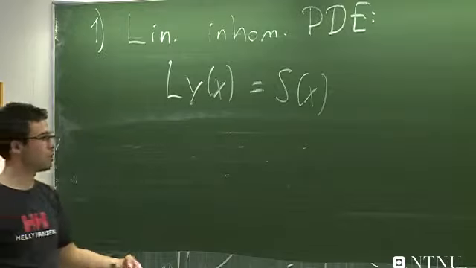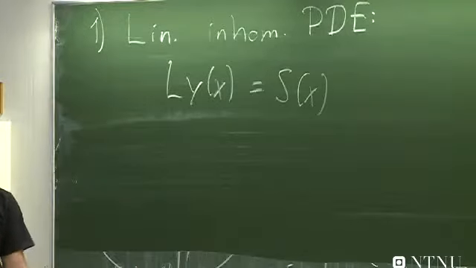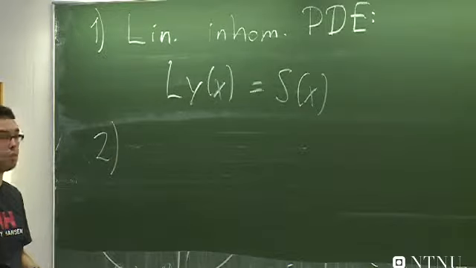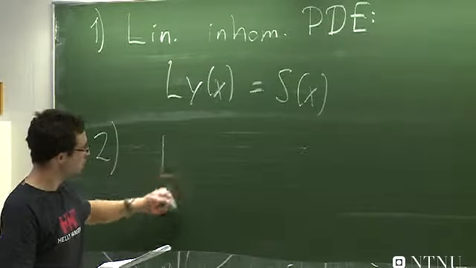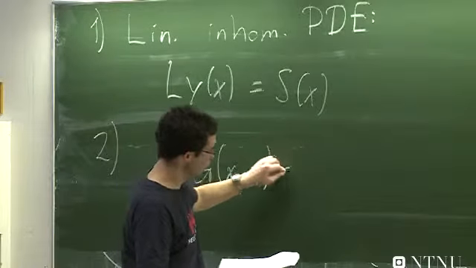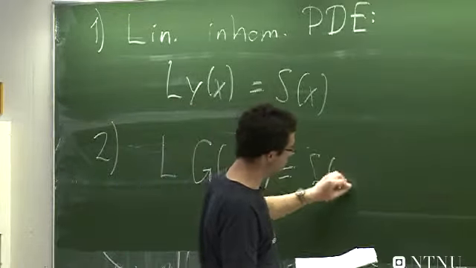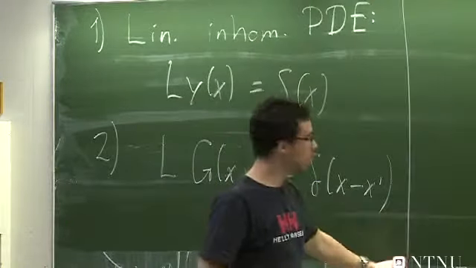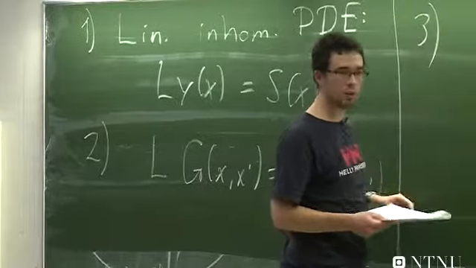Or at least reduce the amount of work when we change the source. And then we start off by solving a different equation instead, which is the linear operator on g of x, x prime is equal to the delta function of x minus x prime. And we show that the solution is simply an integral.